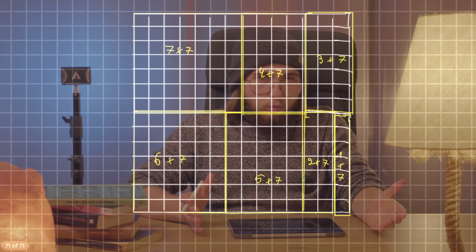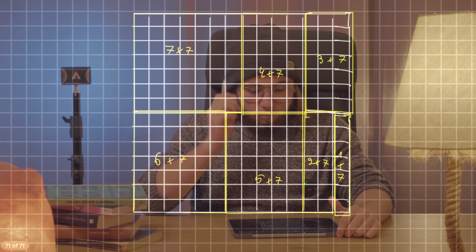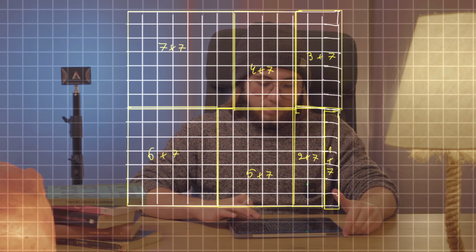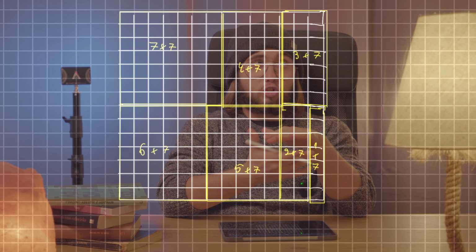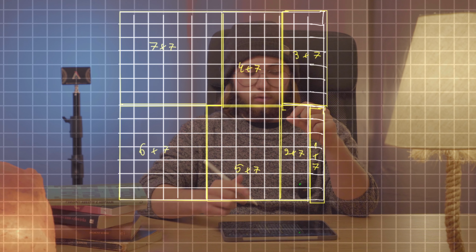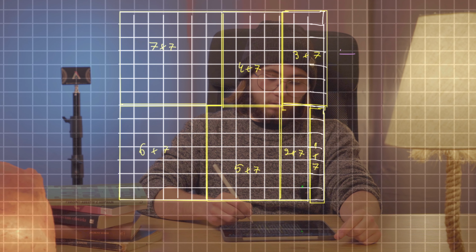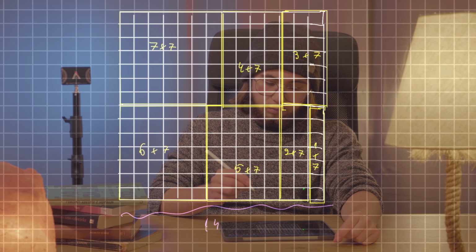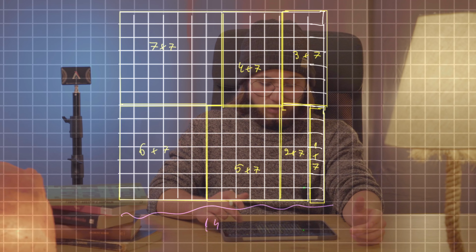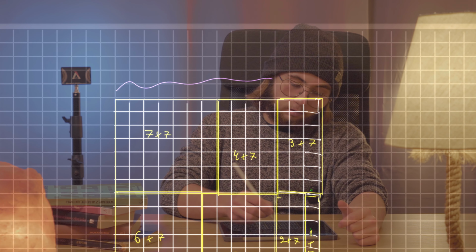Well, what do we see here? You see that the sum of the lengths of the shorter sides in both of those building blocks of the square is 14. 6 plus 5 plus 2 plus 1 is 14, and 7 plus 4 plus 3 is 14 right over there.